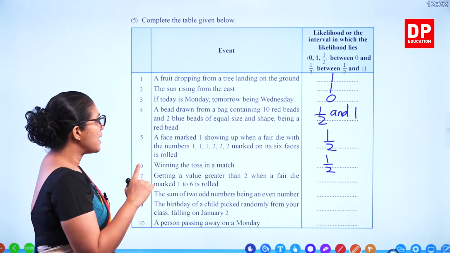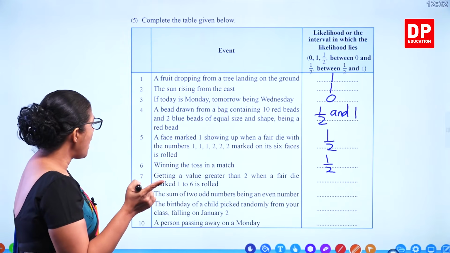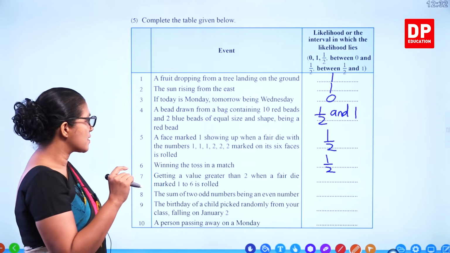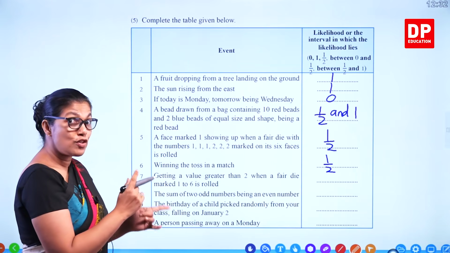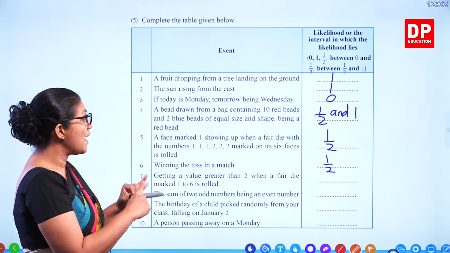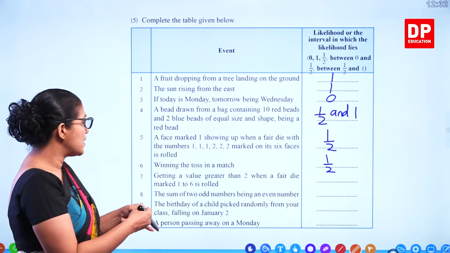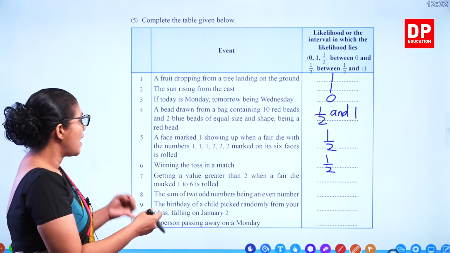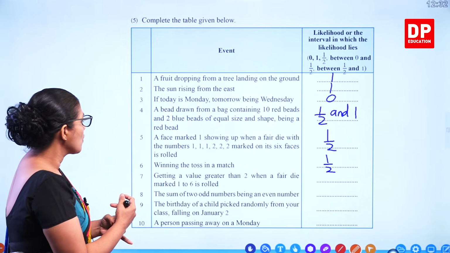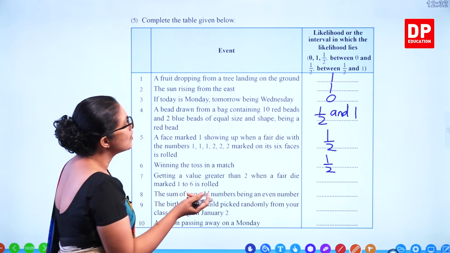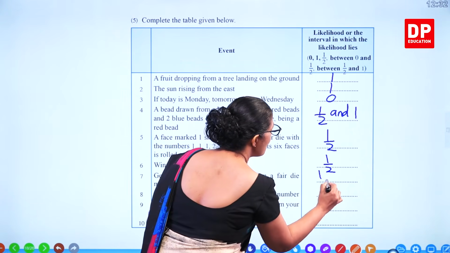Getting a value greater than 2 when a fair die is marked 1 to 6. So what are the possibilities? Greater than 2: 3, 4, 5, 6. More numbers are there; on the other side just 1 and 2. So more than half, in between half and 1.